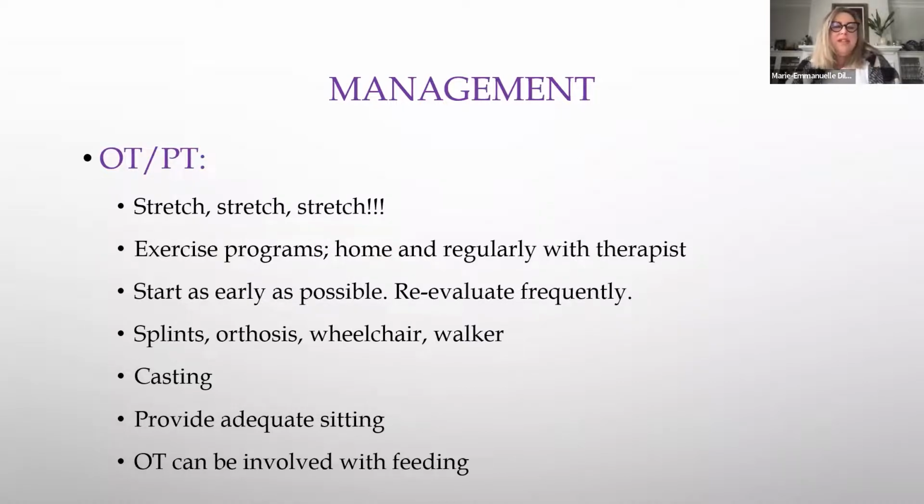Through that, you can get splints or orthoses, but also equipment such as wheelchairs, walkers, or standing frames. It's important, as Dr. Daniels mentioned in his talk, to provide adequate sitting. It's the same for spasticity, and OT is important for feeding and fine motricity.